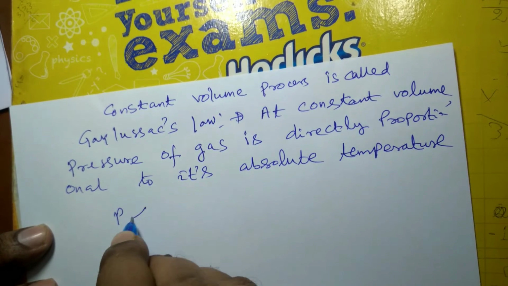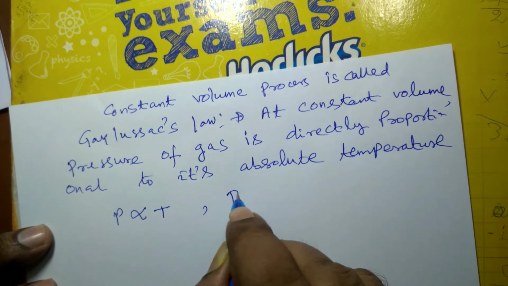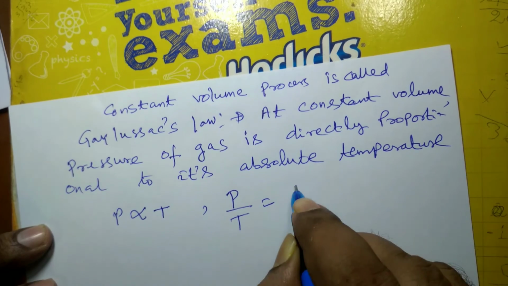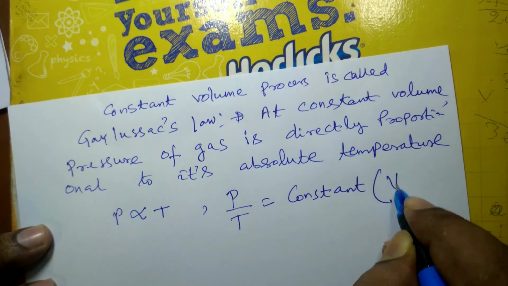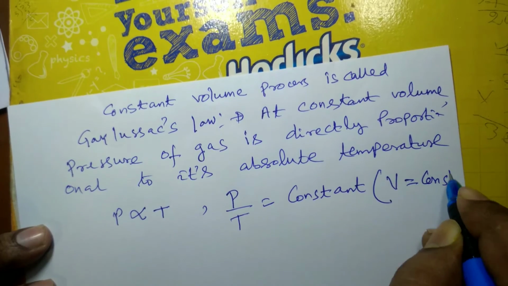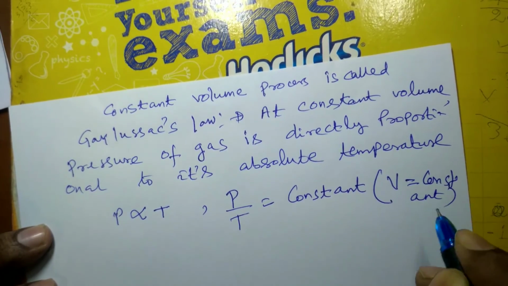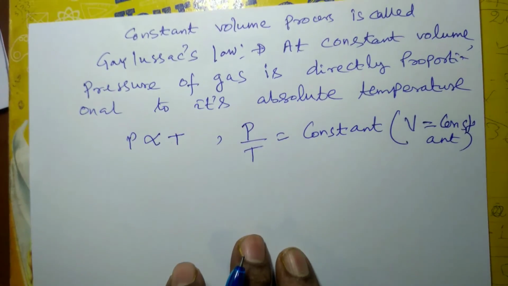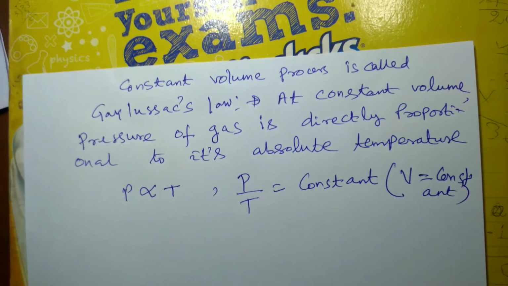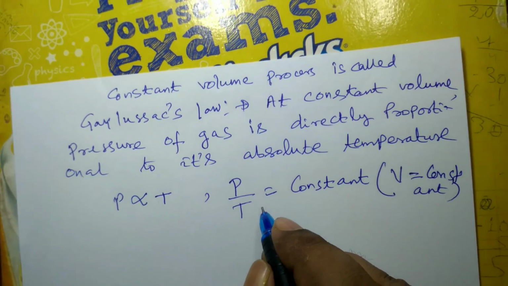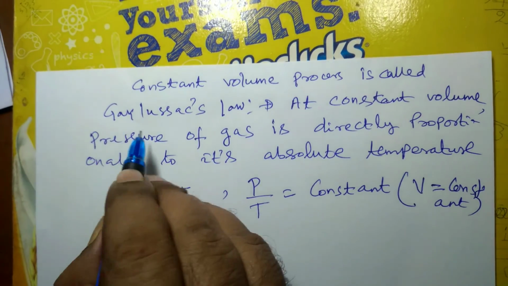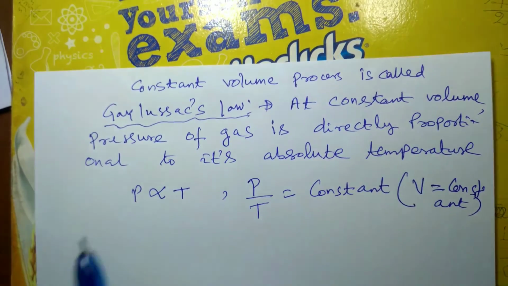That is, P is proportional to T, or P by T is equal to constant when volume is constant. This can also be obtained from the ideal gas equation PV is equal to MRT, as I explained earlier during process 1 2. So P by T is equal to constant. This law is known as Gay-Lussac's law.